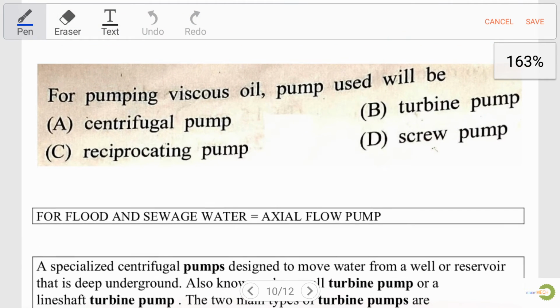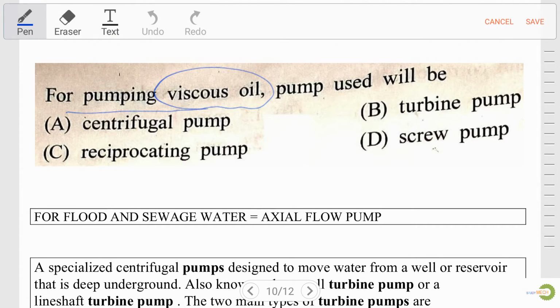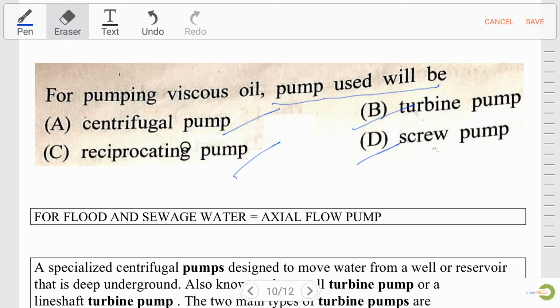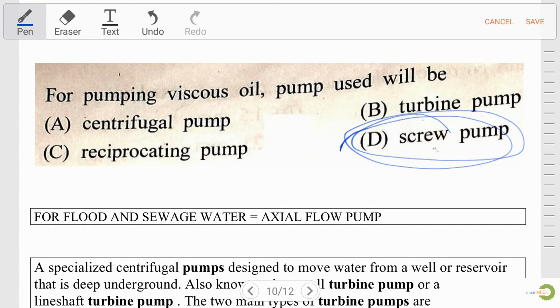Our next question is, for pumping viscous oil, the pump used will be option A centrifugal pump, option B turbine pump, option C reciprocating pump and option D screw pump. So our right answer over here is option D, screw pump.